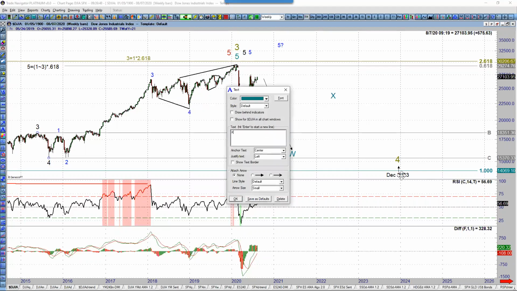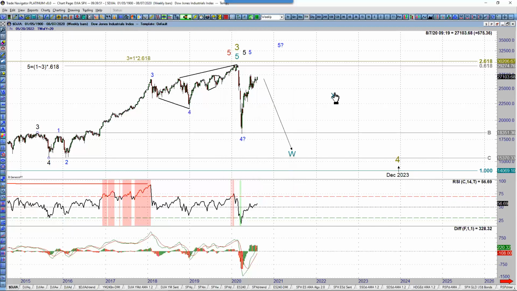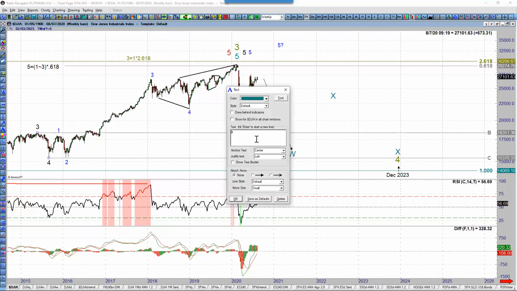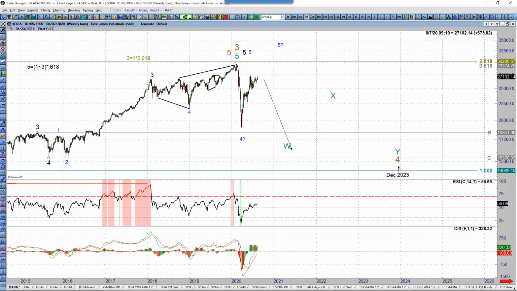Combination corrections come in Elliott wave when the first corrective pattern doesn't last long enough to complete the degree of correction that you're expecting next.